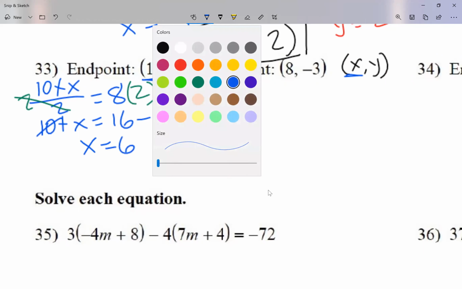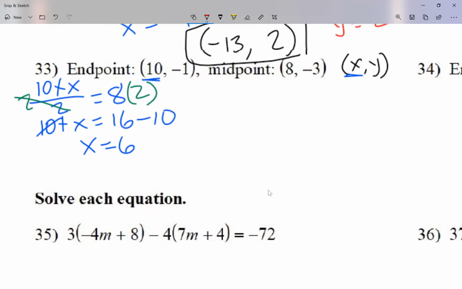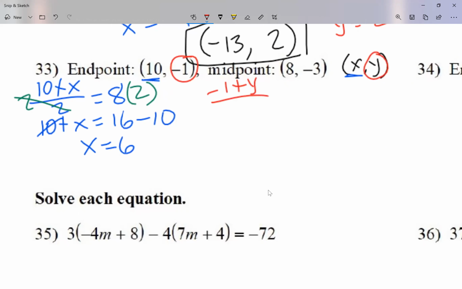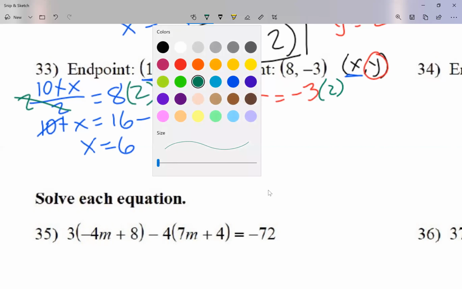Now let me deal with my y value. I'm going to add -1 with y, the y values of my endpoints. -1 plus y divided by 2 is equal to -3, the y value of the midpoint. Don't want to have fractions, so let me multiply both sides by 2. So those 2's cancel out.